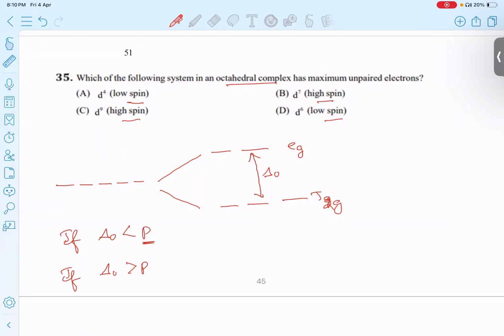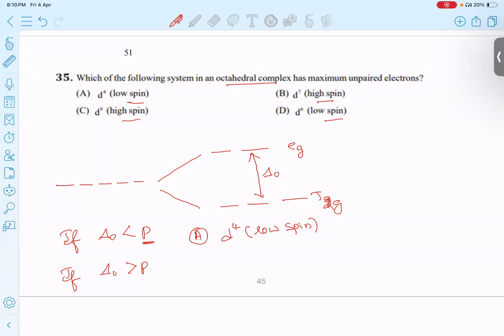So let us apply one by one. Option A is d4, and within the bracket it is given as low spin. If delta naught is less than P, electrons fill the eg orbitals before pairing in the t2g orbitals, forming high spin complexes.